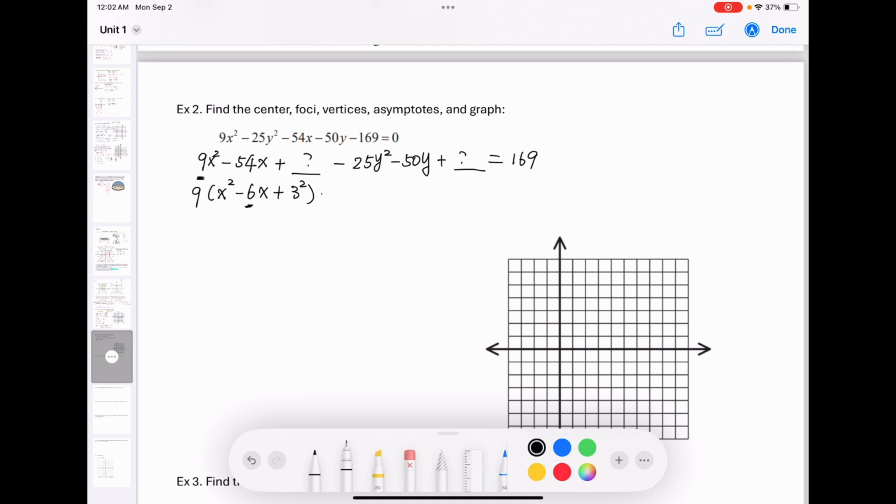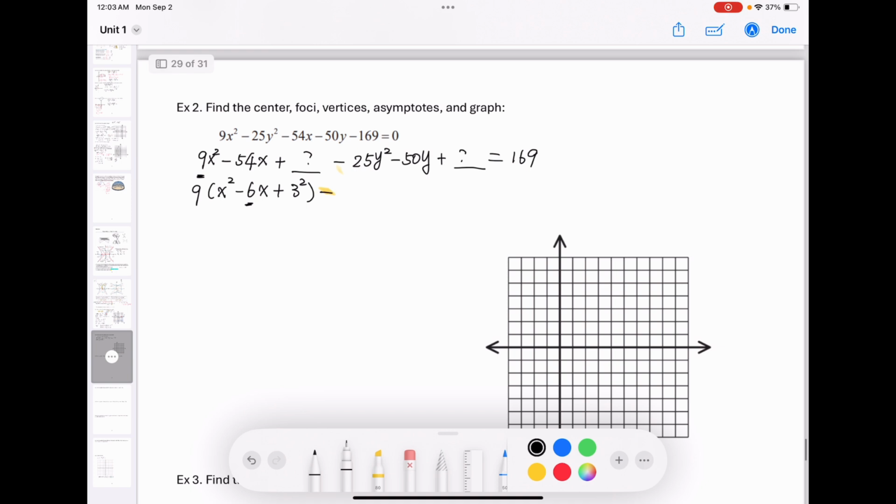And then I need to factor out the GCF from the rest of the terms. So from the y part, we factor out negative 25. So minus 25, and we have y squared plus, negative 25 divided by negative 25 is positive 1, and then negative 50 divided by negative 25 is 2.